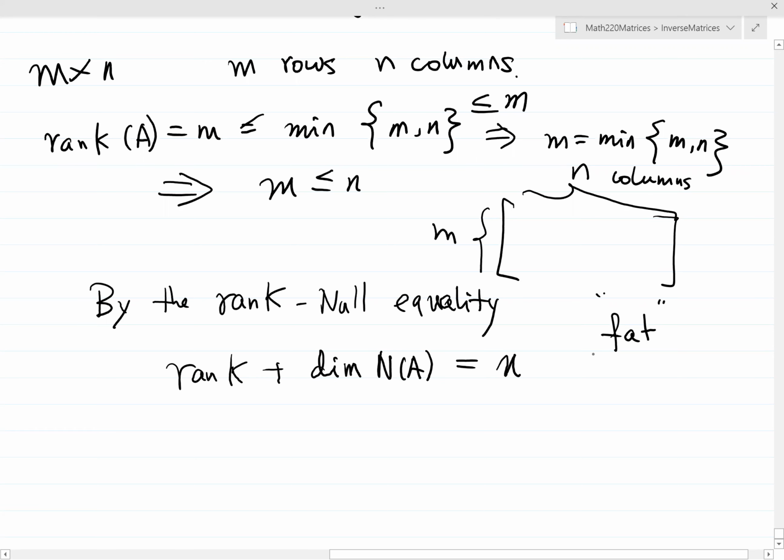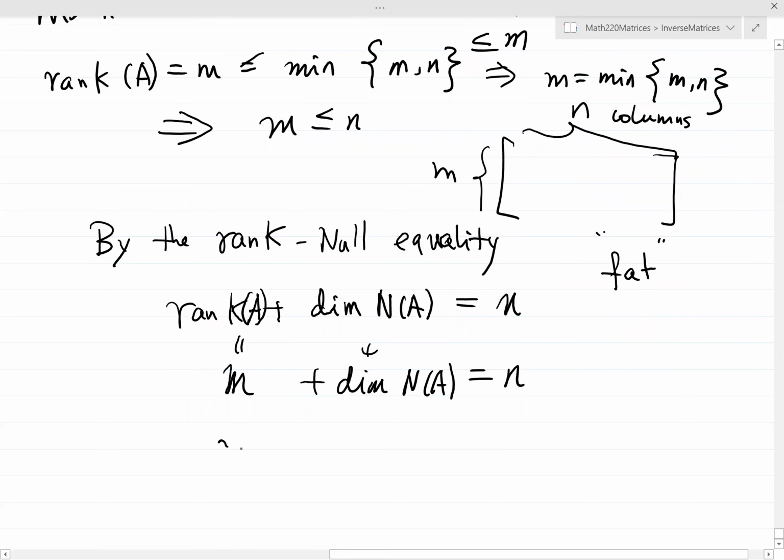In this case, the rank of A equals m, so we get the dimension of the null space is n minus m, which is greater than or equal to 0.